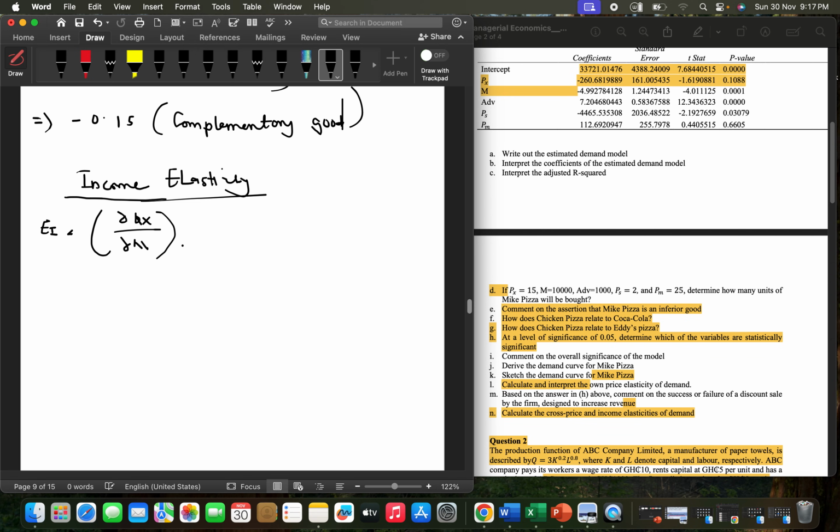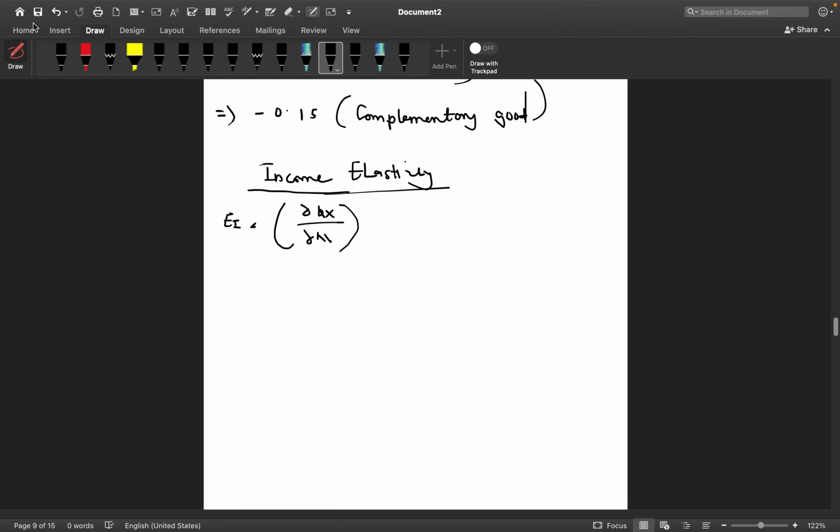Oh. They give us income, so it's derivative of QoS over derivative.